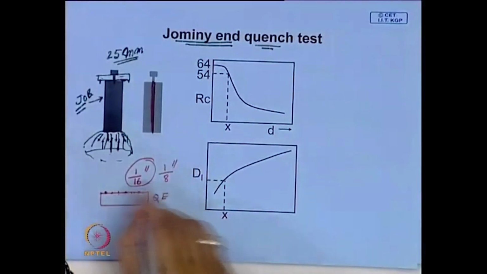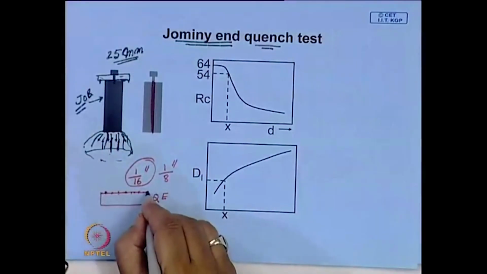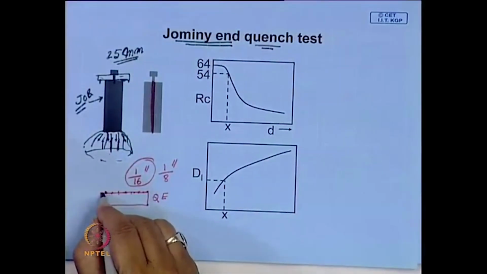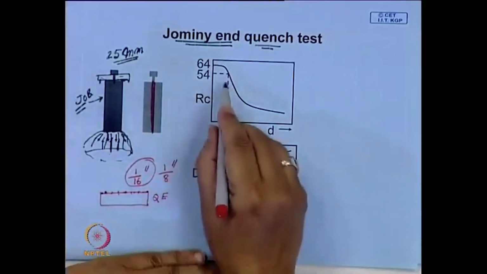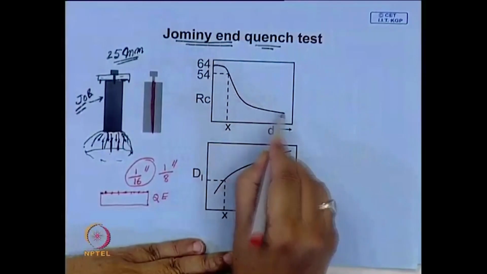You keep moving, and then you get hardness from the quenched end to the other end, and then you make a plot. If you make a plot, you will get a plot like this.